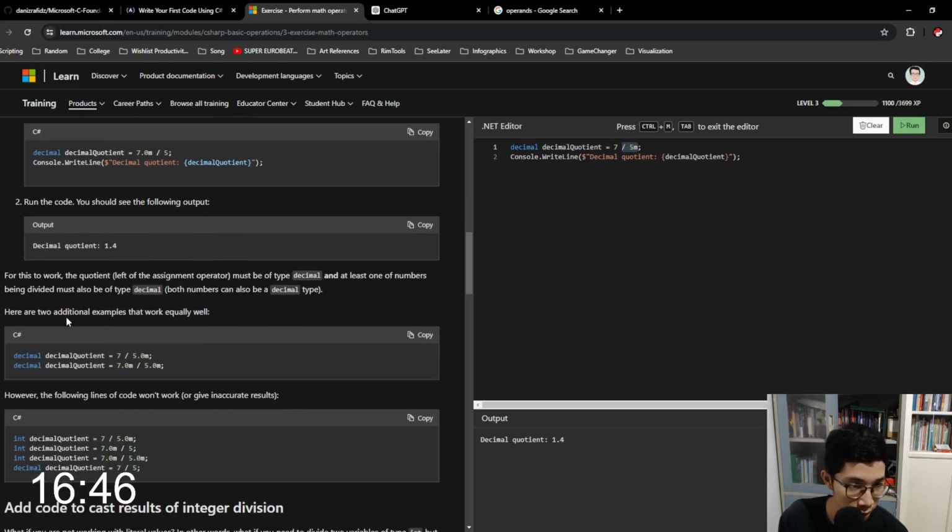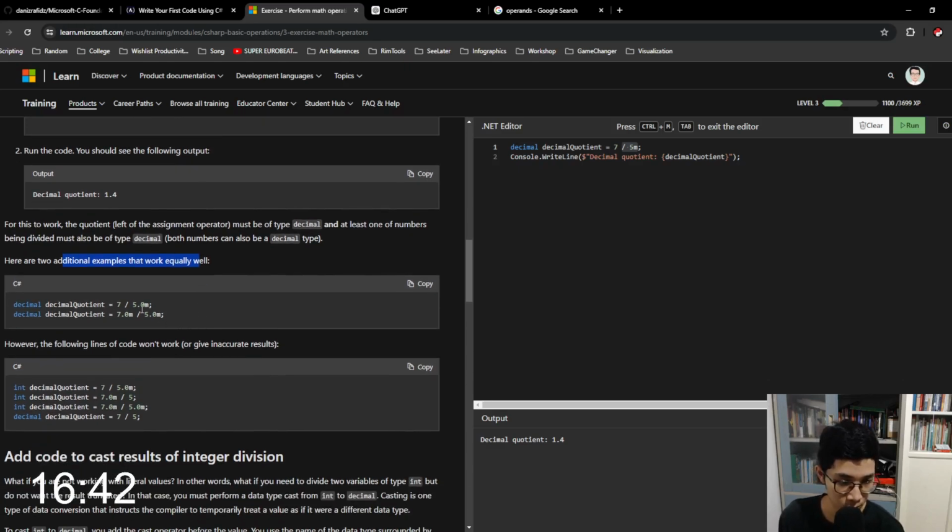Okay, here are two additional examples that work equally well. So 7 without m divided by 5.0m will work, or both of them if you put the decimal. What is this thing named?